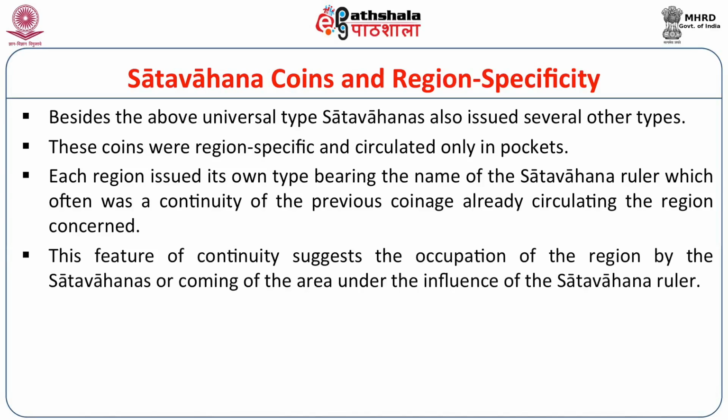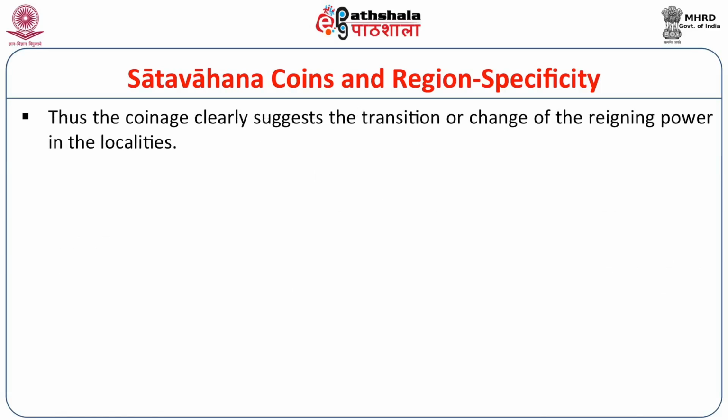This feature of continuity suggests the occupation of the region by the Satavahanas or the coming of the area under the influence of the Satavahana ruler. Thus, the coinage clearly suggests the transition or change of the reigning power in the localities.